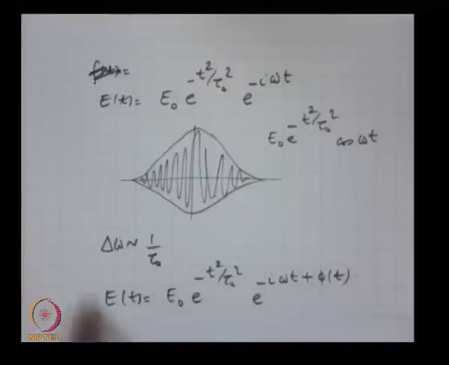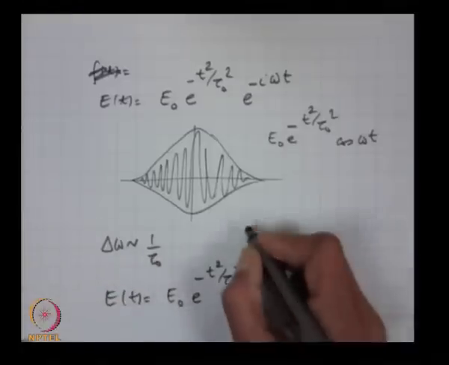This is also a spectrum, and this spectrum is not given by this equation. This equation is valid for what are called Fourier transform limited pulses.